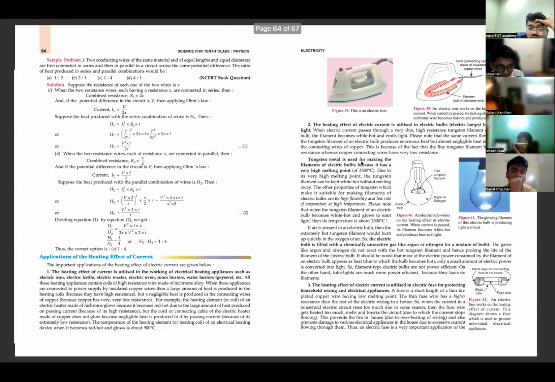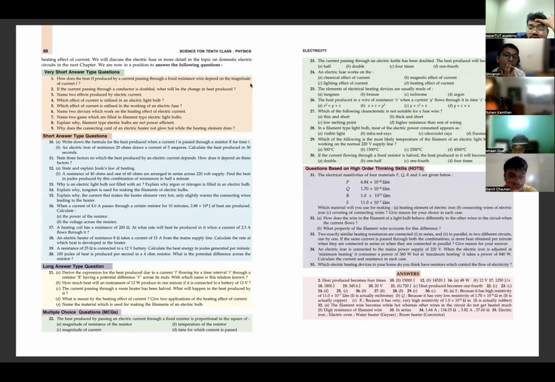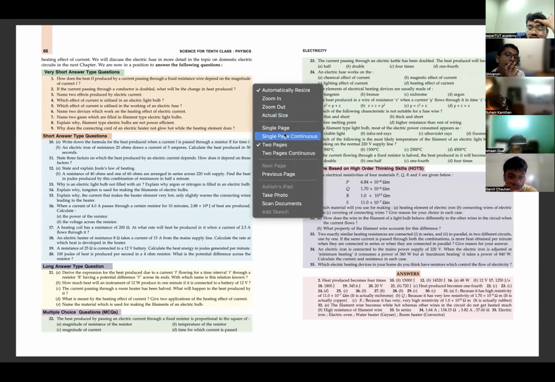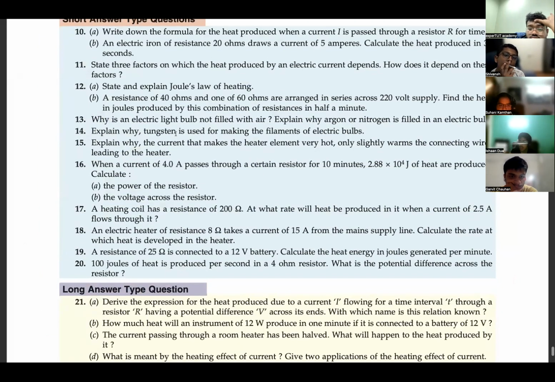Okay, then do this question. On the page where it continues, just do questions 17 and 18. So which page is this?